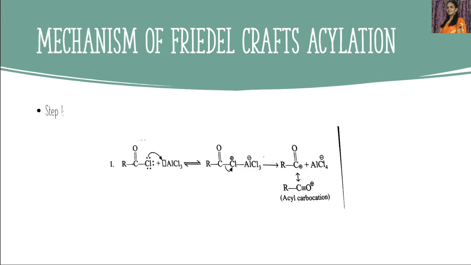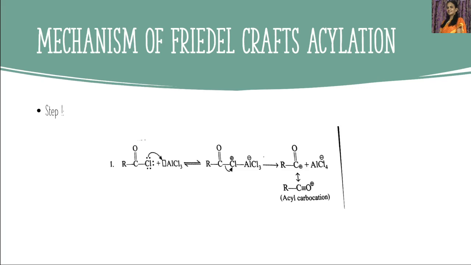It is more electronegative than carbon. Therefore, this bond breaks, heterolytic bond fission takes place. The bond pair goes with the Cl in the form of AlCl4 minus, and this carbon now gets positive charge, or CO plus. Okay. So this is the acyl carbocation.